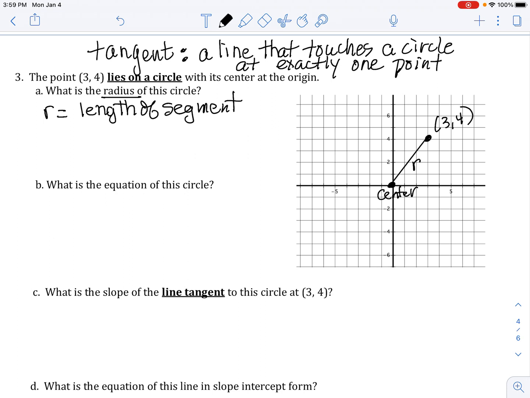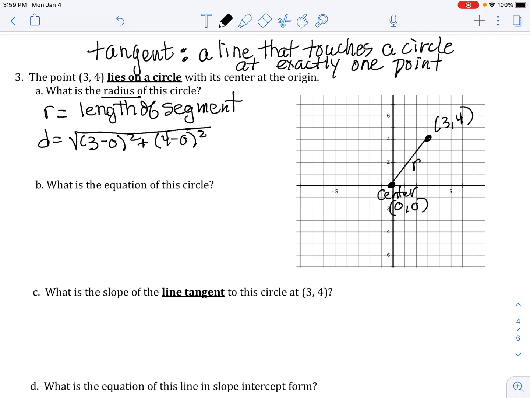And we know that when we're finding length, we're using distance formula. So that's going to be the distance is equal to 3 minus 0 squared, because we know this is the point 0, 0, plus 4 minus 0 squared.